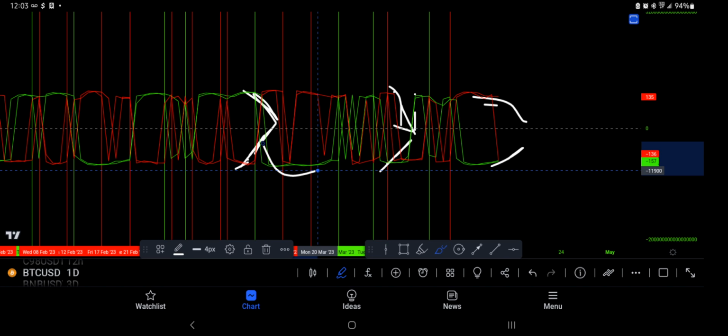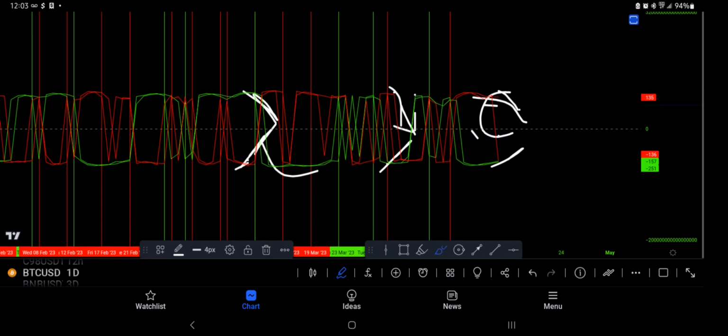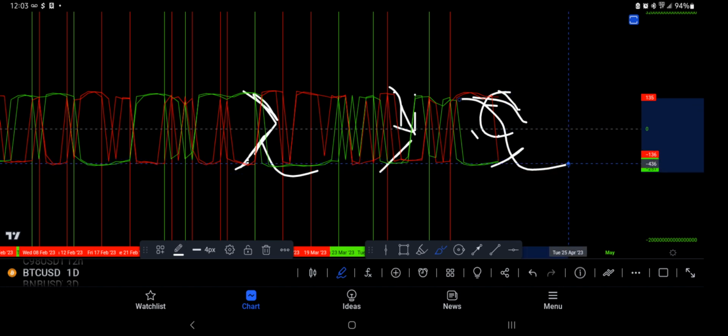So right now we're looking at a possible bearish crossover temporarily on 1 hour. And that could go like that with the red line going down, and that would be the representation of bearish momentum.